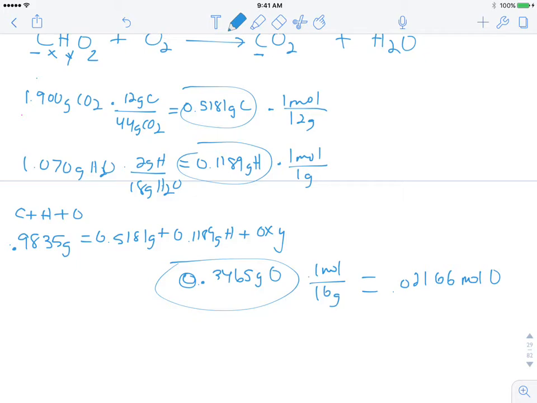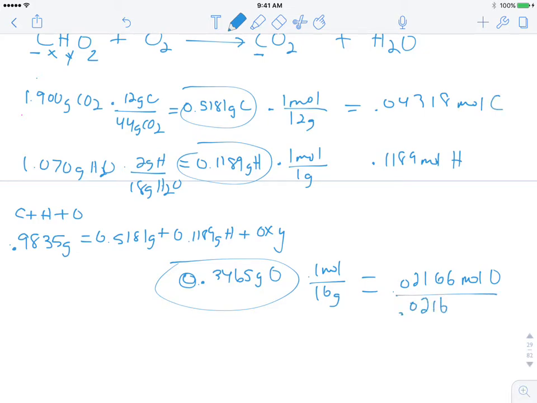My hydrogen is going to be the same, 0.1189 moles of hydrogen. And my carbon's going to be the same. No, it's not. 0.5181 divided by 12, and I'm going to get 0.04318 moles of carbon.